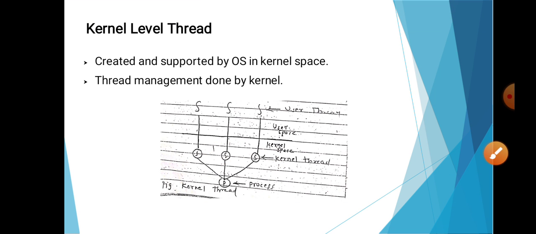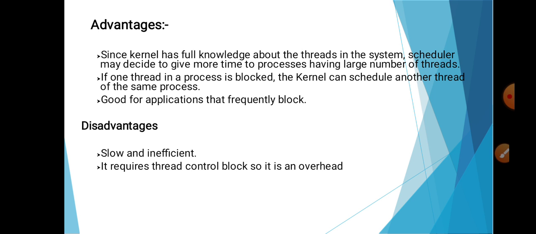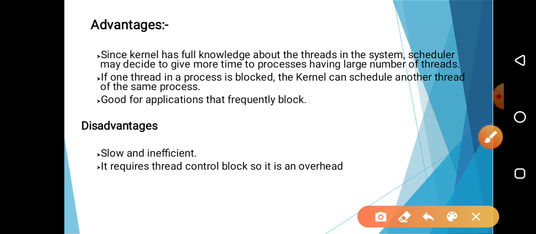Now the next one is, what are the advantages and disadvantages of kernel level thread? The first advantage is that since the kernel is managing everything, it has full control over everything that happens in the system. If one thread fails, the kernel will schedule another thread because the kernel is the controller of everything.